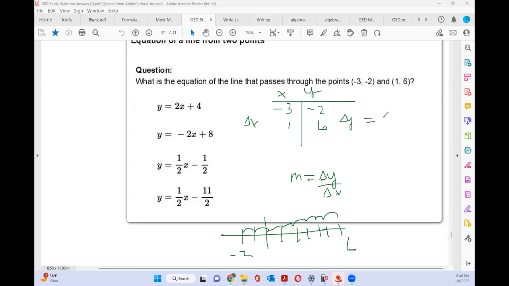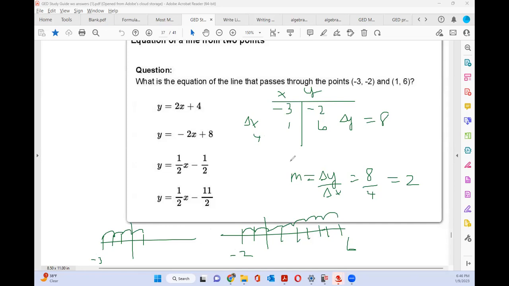So my change in y is 8. To go from -3 to 1, let's count: 1, 2, 3, 4. So my change in x is 4. So 8 over 4. What does 8/4 reduce to? It's 2. So I know my slope is 2.